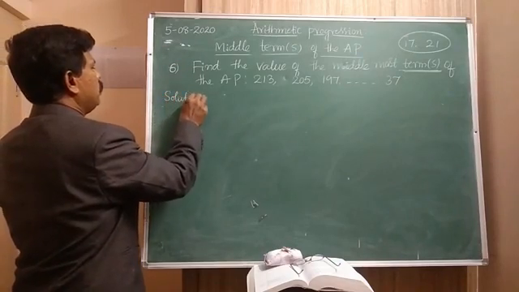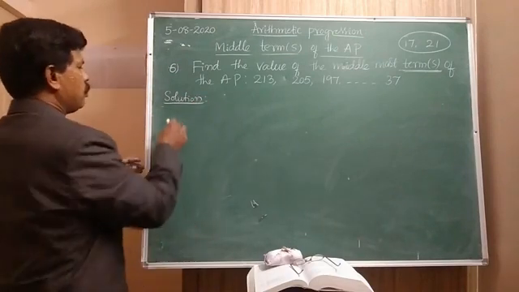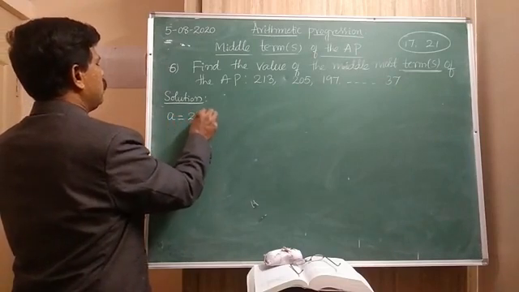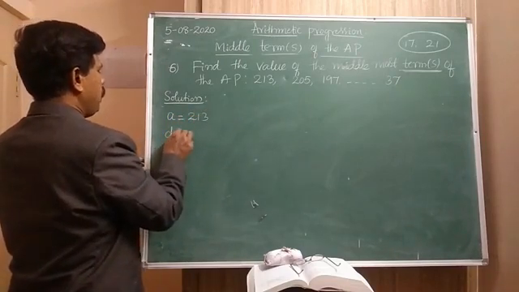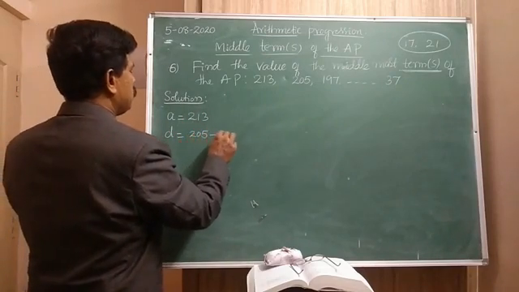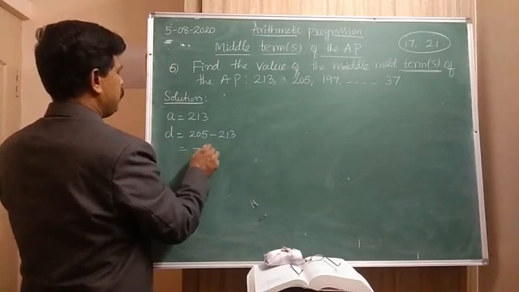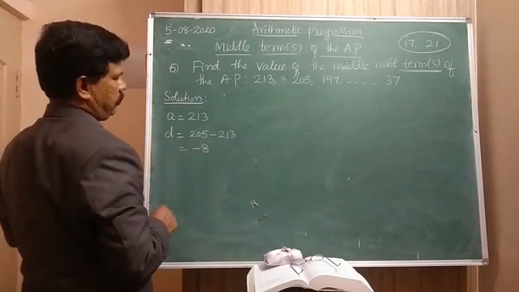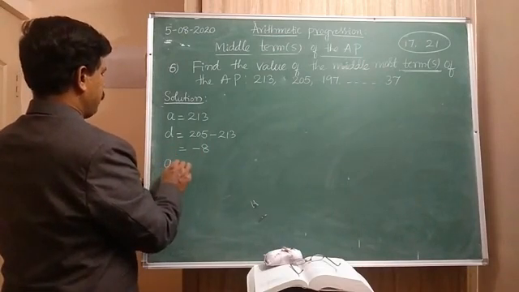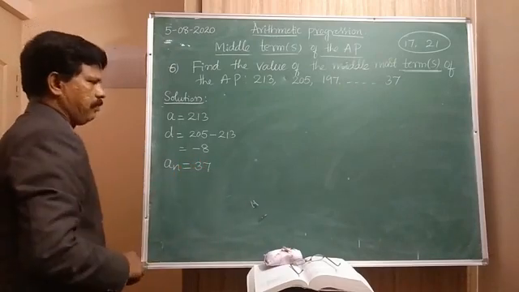Solution. So first, what we should find out? a. a is 213. Then d is equal to 205 minus 213. That is minus 8. Then the nth term is what? 37.